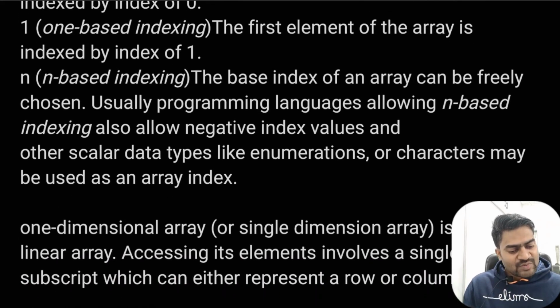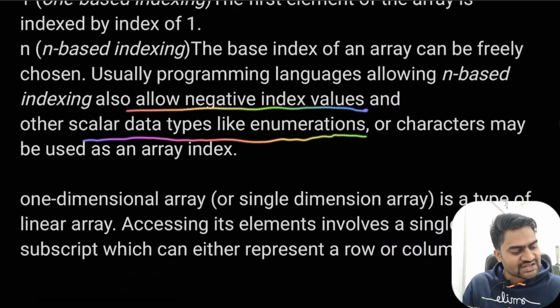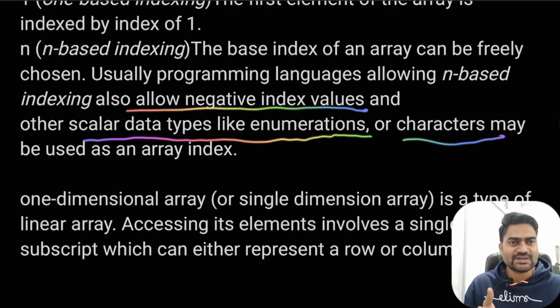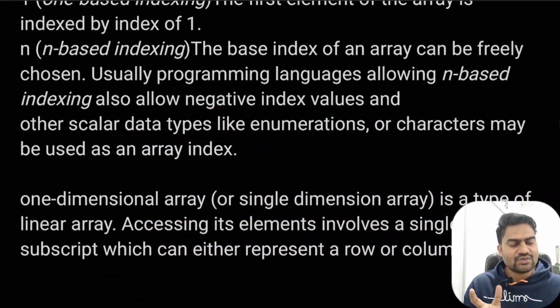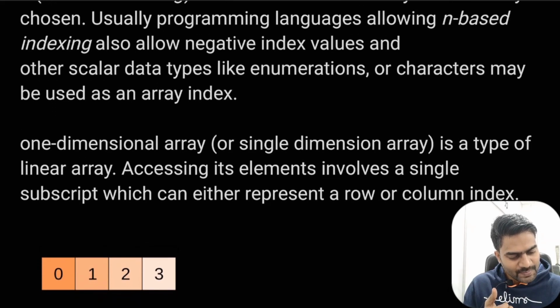In n-based indexing, the base index of an array can be freely chosen. Usually programming languages allowing n-based indexing also allow negative index values and other scalar data types like enumerations or characters. Okay, normally when we say arrays, most support zero-based indexing.